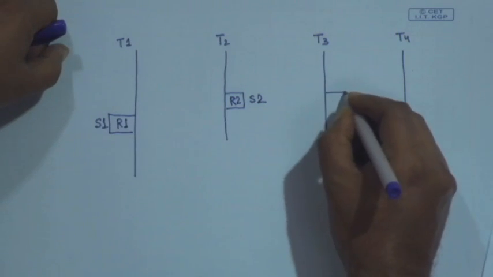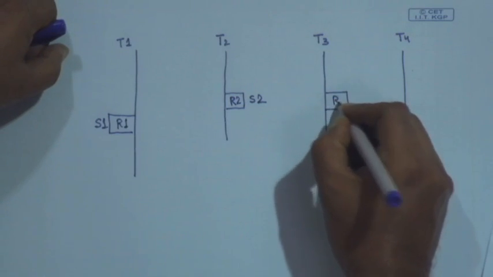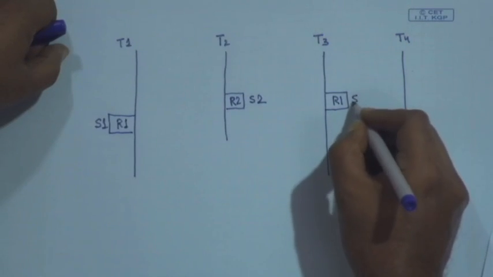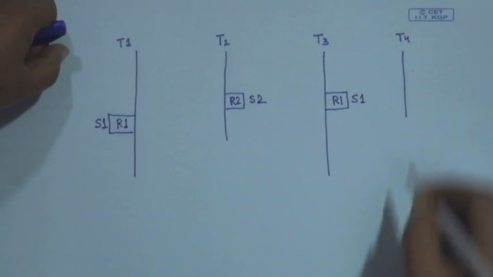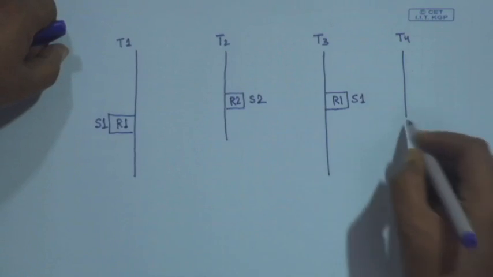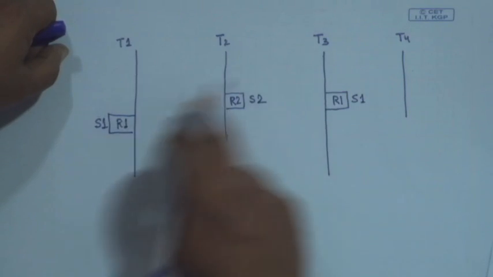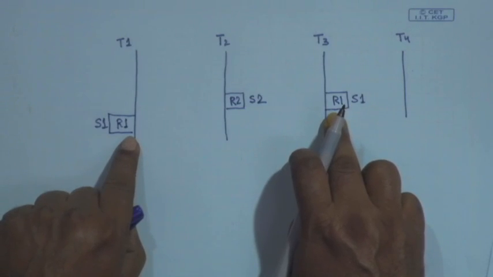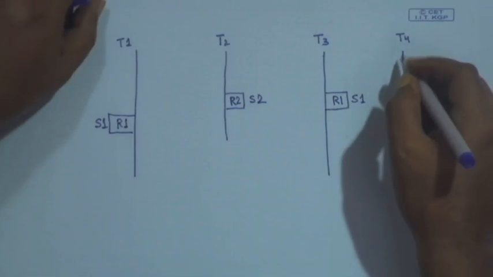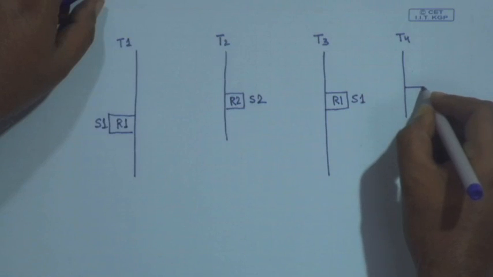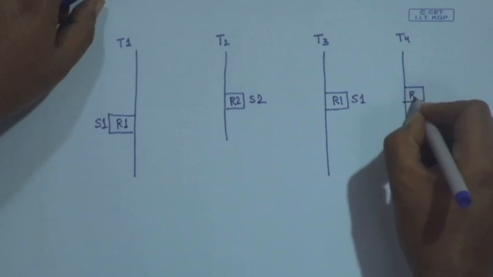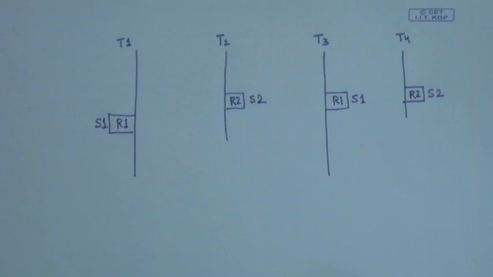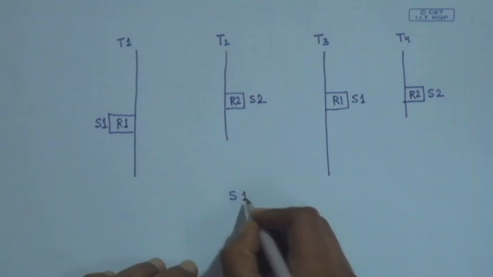This one asks for resource R1 at some point of time during its execution, and therefore its semaphore is S1. And this resource is guarded by S1 because that is a shared resource, and I do not know a priori who will request the resource when. T4 is also asking for resource R2, which is guarded by semaphore S2. So, I have got two semaphores S1 and S2.